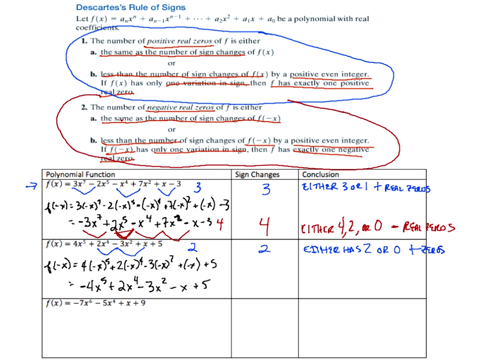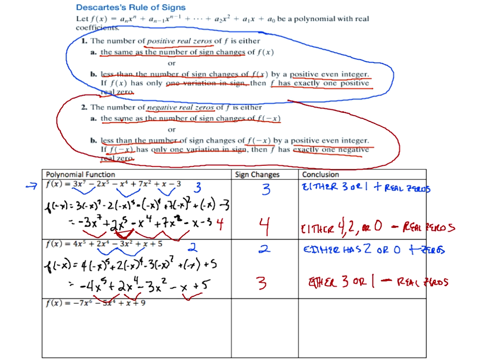Okay, I'm just going to identify my sign changes. Sign change here, sign change here, and sign change here. So I have 3 sign changes, which means I either have 3 or 1 negative real zeros.